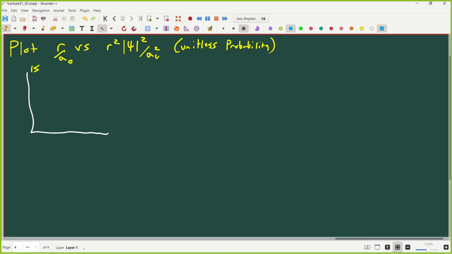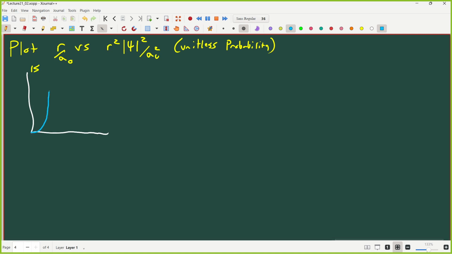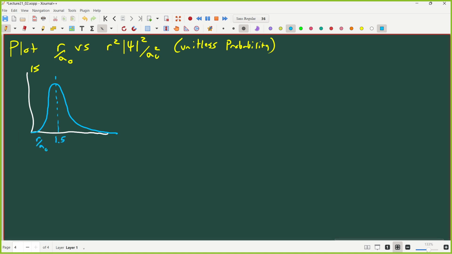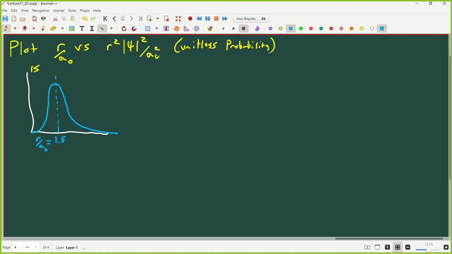And so for the 1s orbital, we have this really nice sharp kind of graph that looks like this. And this is at r over a naught of 1.5. And this is our 1s orbital. Again, it kind of looks like the n equals 0 ground state for the harmonic oscillator.